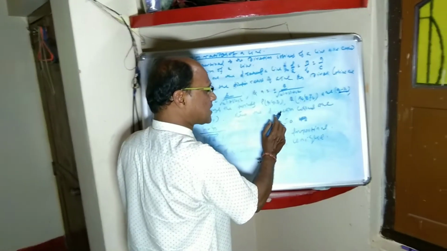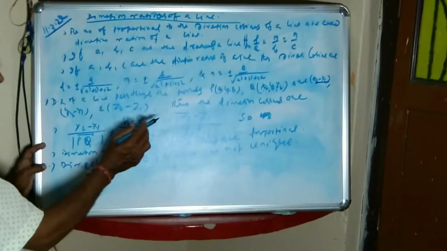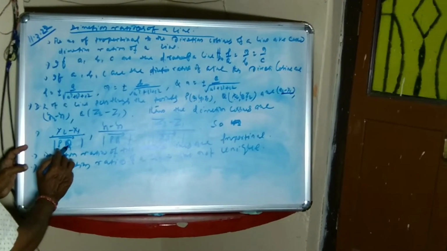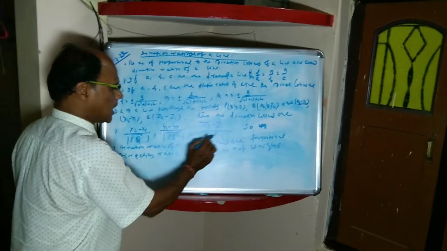Then the direction cosines are x2 minus x1 by PQ, y2 minus y1 by PQ, z2 minus z1 by PQ.